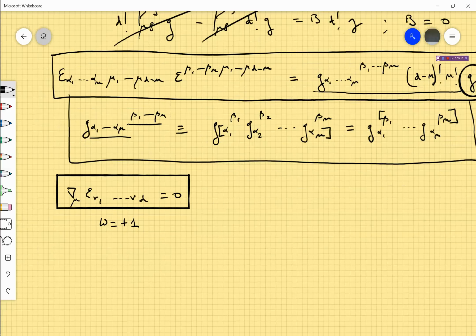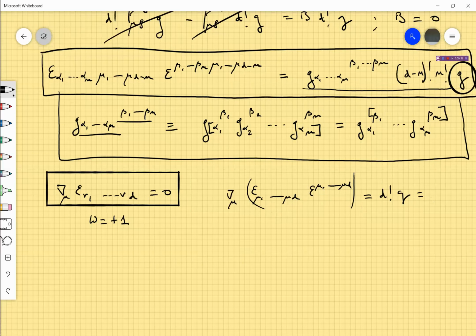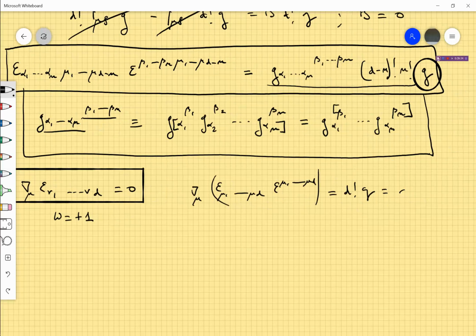Another possibility is that you use that this is d factorial g, and if you take the covariant derivative, which satisfies the Leibniz rule, this gives you this, which we have shown is 0.